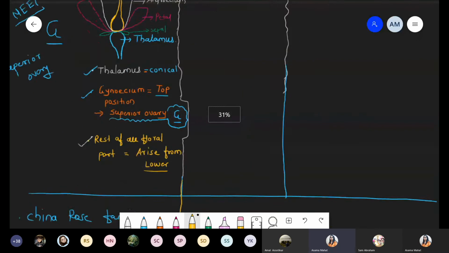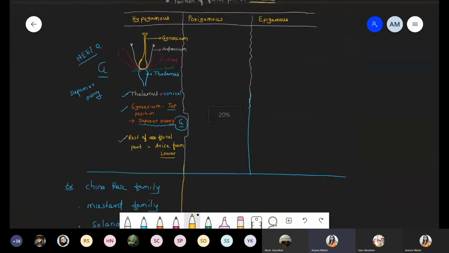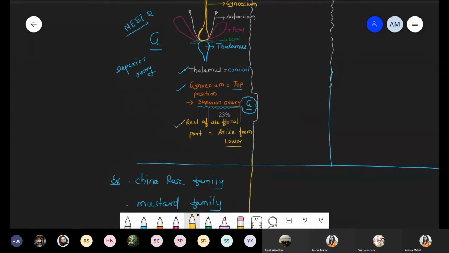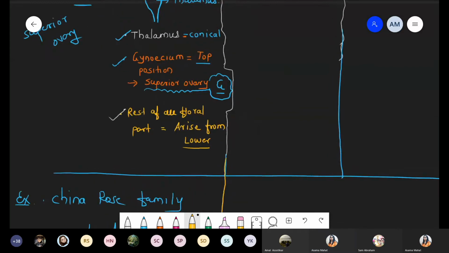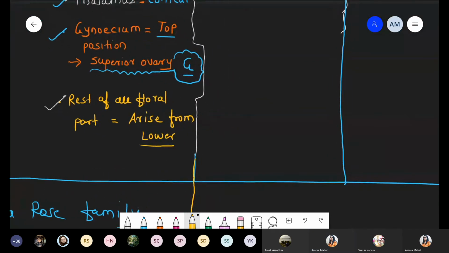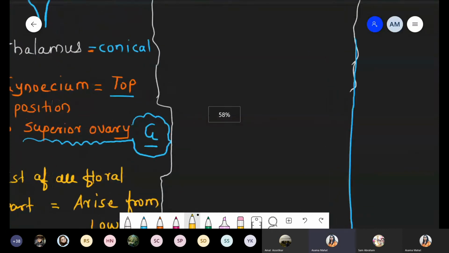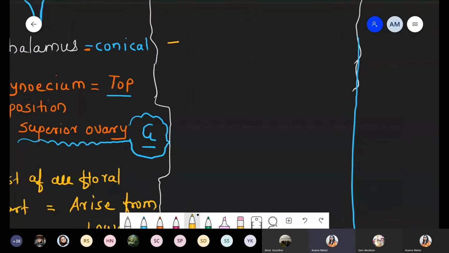First of all, we write down the information for perigamous with respect to thalamus, gynoecium, and the rest of the floral parts. Same title, no change. I'm not writing thalamus in full, I'm just writing T. Please remember T is for the thalamus, and write it in full form, because we are taking 3 characters for all 3 points.